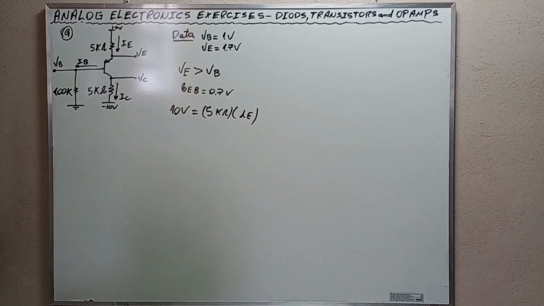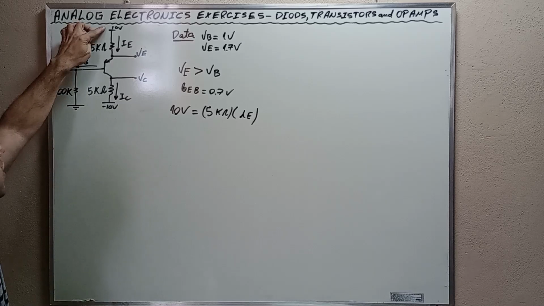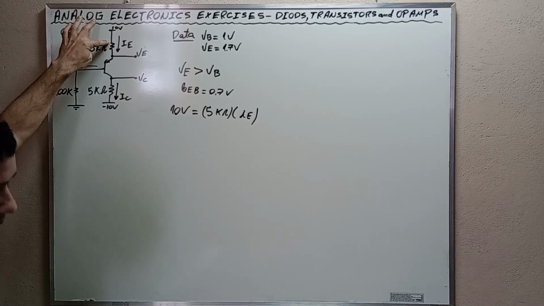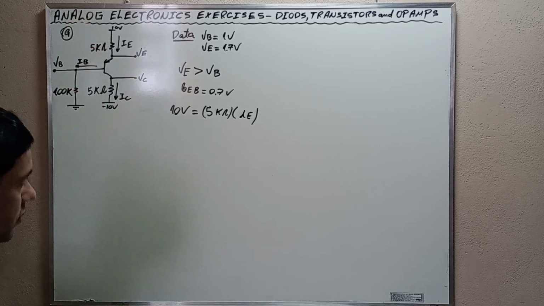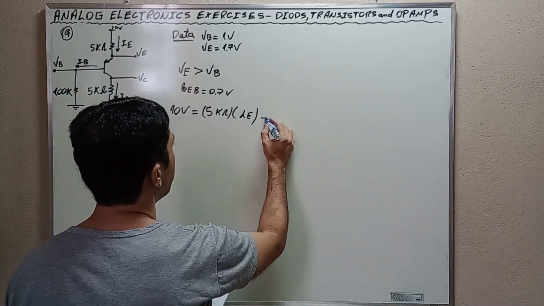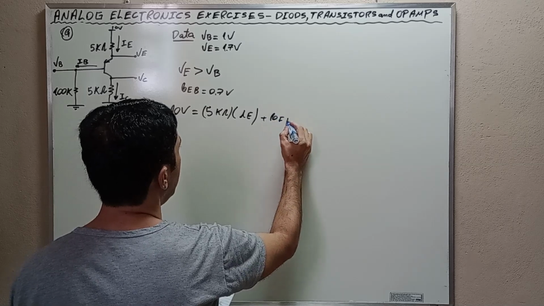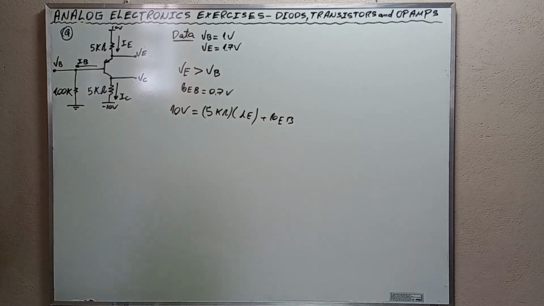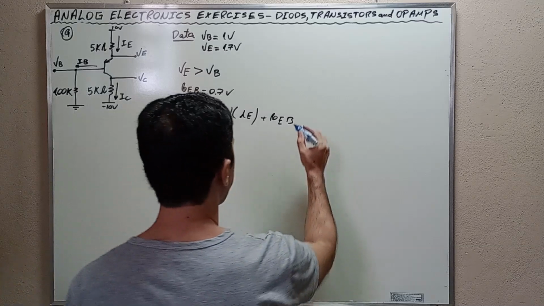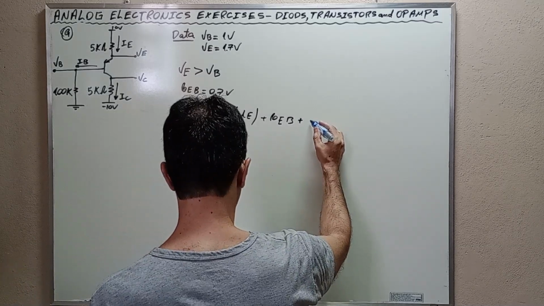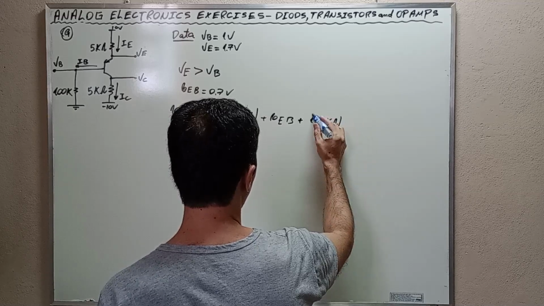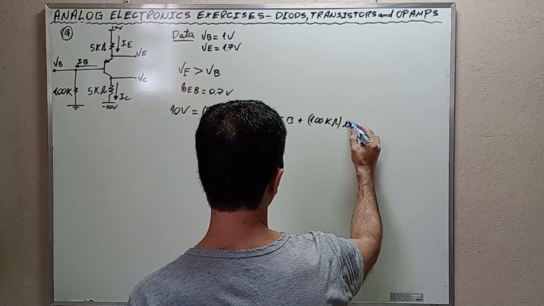Take a look at the voltage drops. 10 volts is going to be equal to this voltage drop here plus VEB plus 100K times IB.